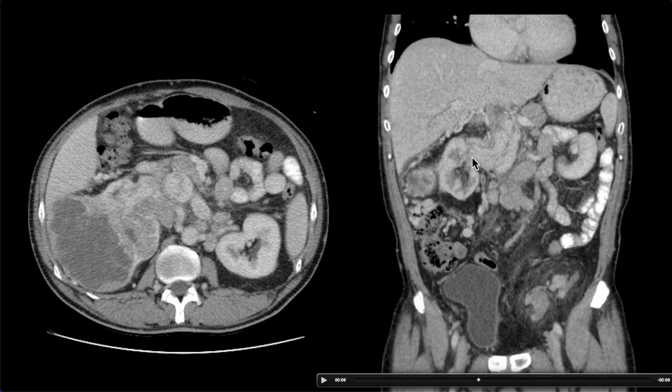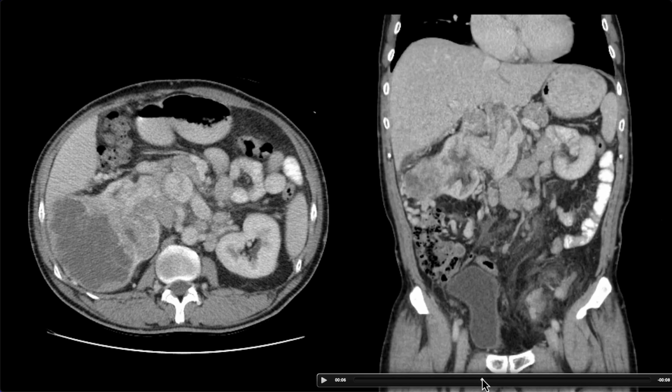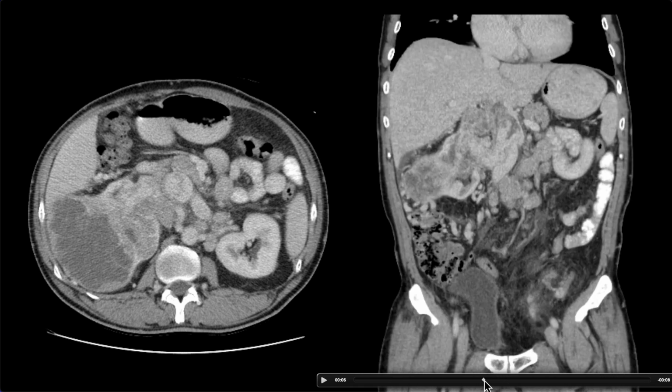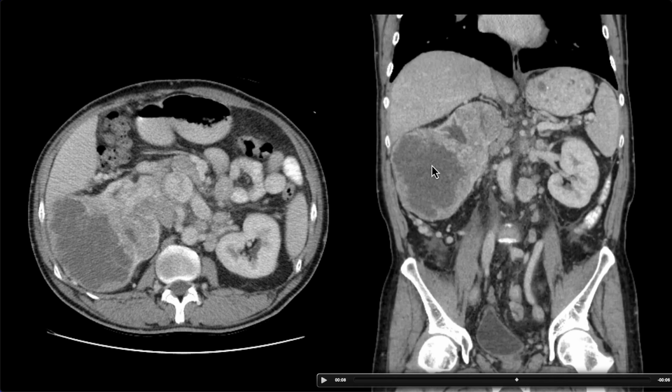We can see that impressively enhancing tumor extending along that short right renal vein with a mixture of enhancing tumor thrombus and then some bland thrombus here extending up into the IVC. And then there's also this larger exophytic component of the mass, which is a distinguishing feature of infiltrative renal cell carcinoma.